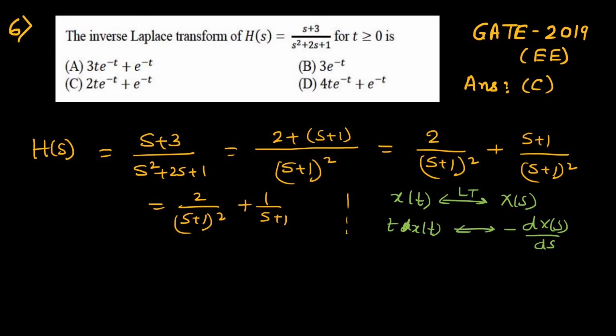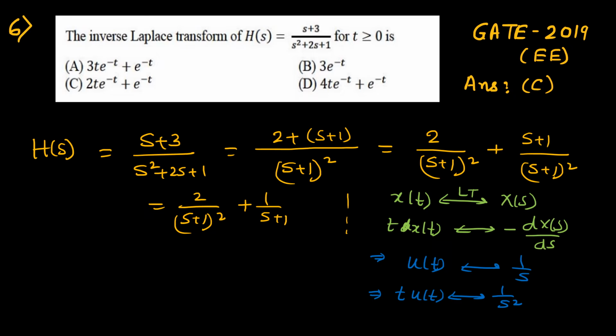Okay, be careful. So now using this relation, we know that u of t has Laplace 1 upon s. So t u of t, the ramp signal, will be the derivative of 1 upon s with a minus sign. So you will get 1 upon s square. So the ramp signal is 1 upon s square, right?